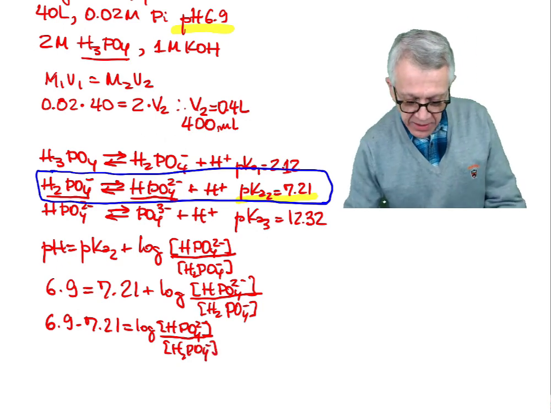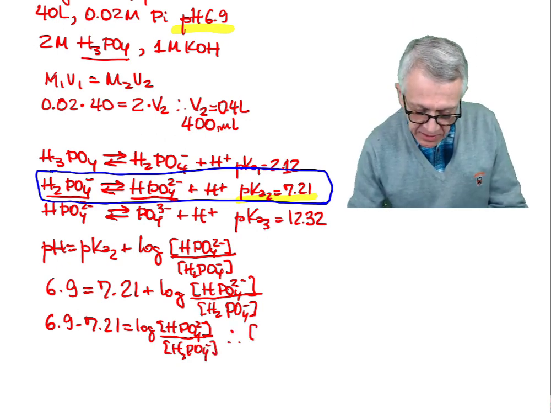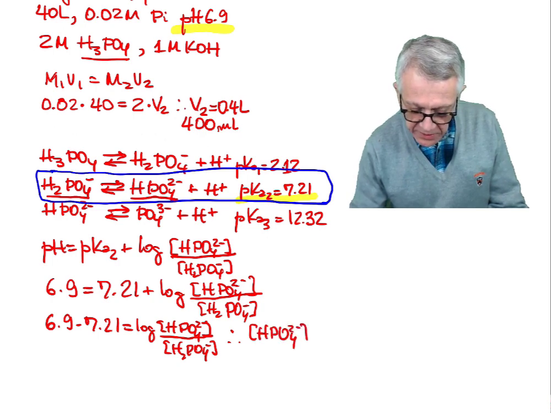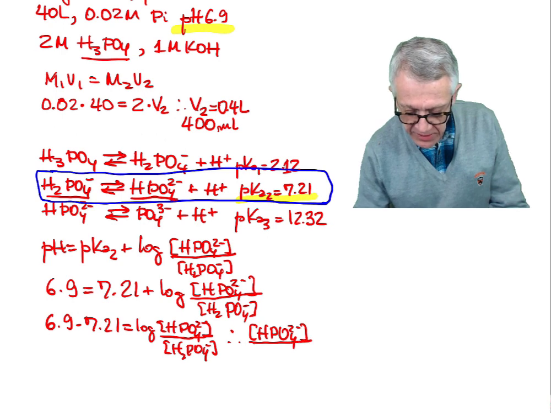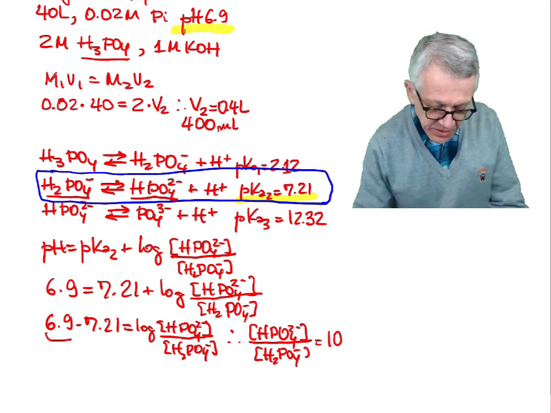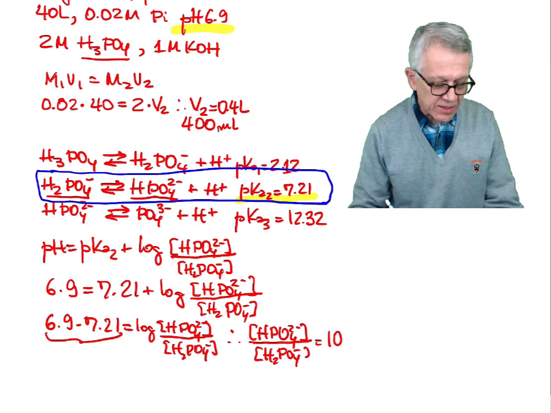So from here you can say that the concentration of HPO4 minus divided by the concentration of H2PO4 minus is going to be 10 to the power of this number here.